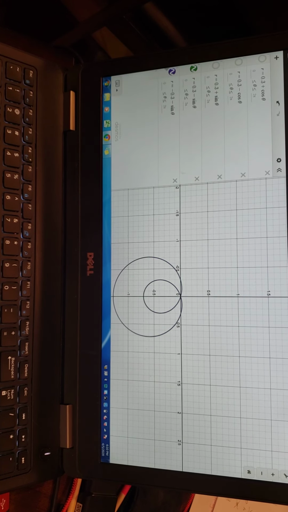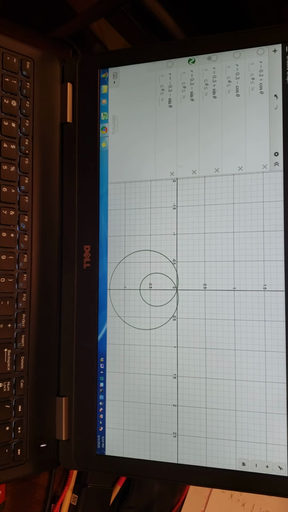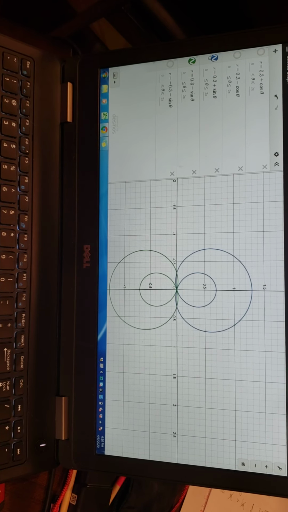And look, we look at green, purple. If I take off the purple, green, same thing. So these two curves are the same. Okay, so whether A is positive A or negative A, it's going to give you the same graph. But B and negative B have a big difference. B and negative B have different orientations.